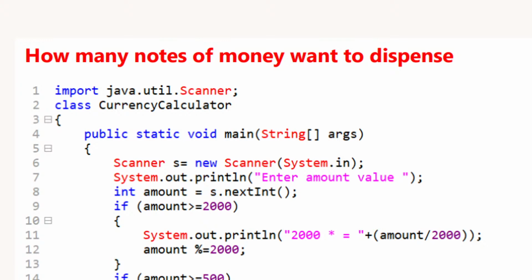Suppose when I am going to withdraw money, I enter some amount. If I enter 2000, it should give you one 2000 note. If I enter 2100, it will give you one 2000 note and one 100 rupees note. Am I correct?